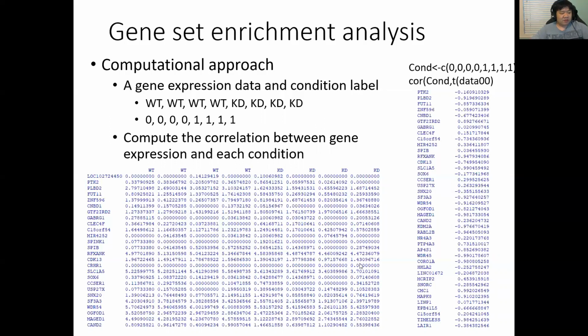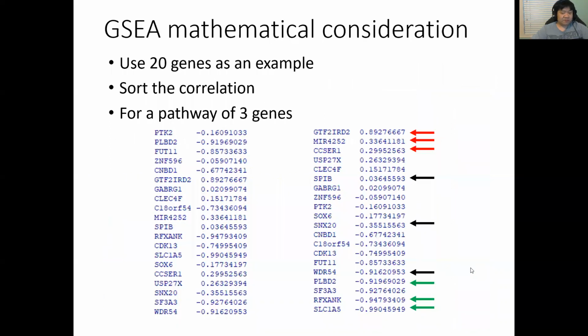So we can see a significant downregulation here, and this correlation can reflect upregulation or downregulation. A negative value means downregulation in KD, in knockdown, and a strong positive value means upregulation.